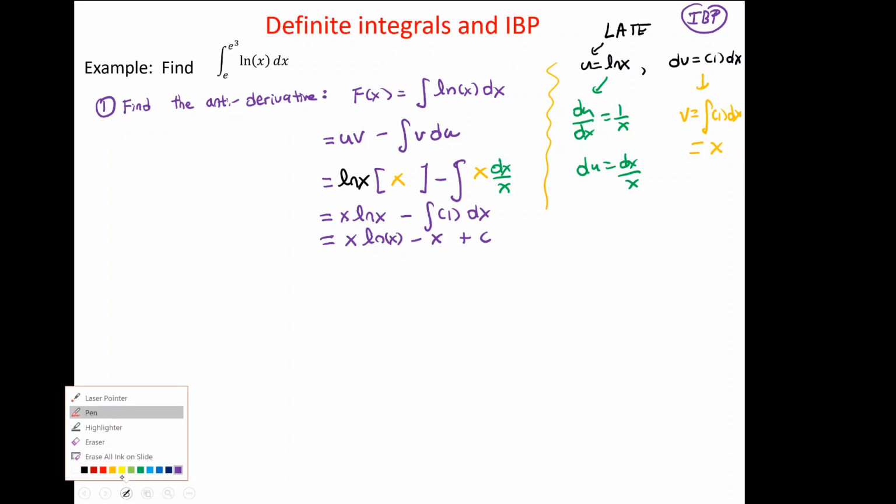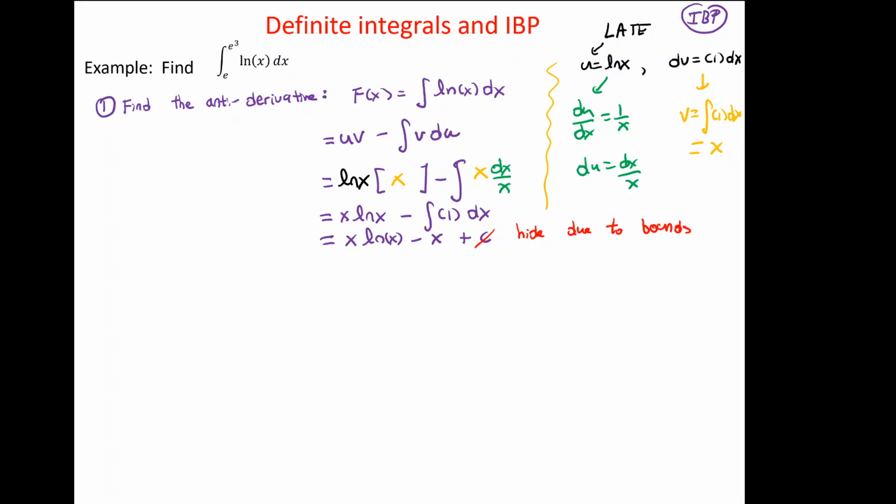But the plus c we can hide due to the bounds. I can hear screeching in the background, and it's a screeching of people who don't solve the definite integrals this way.